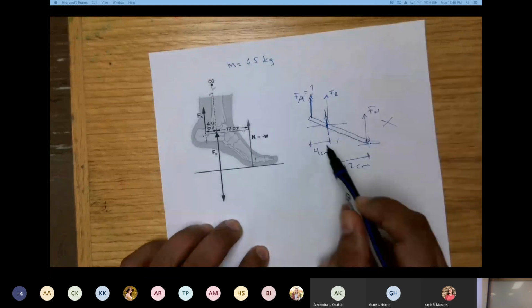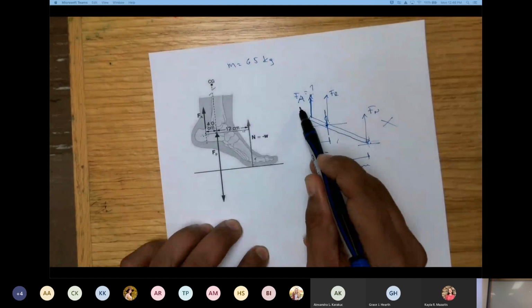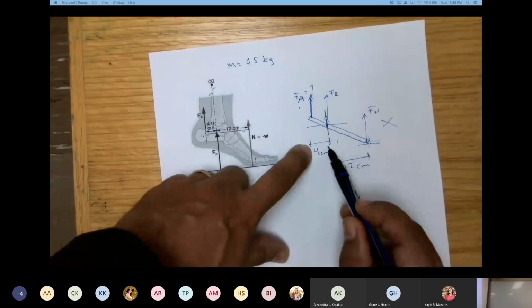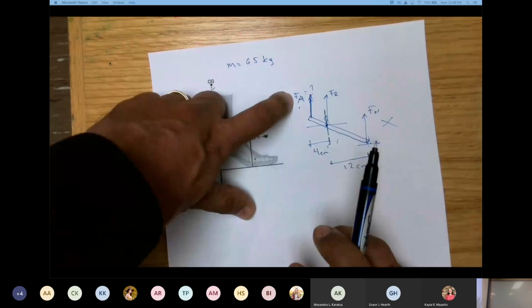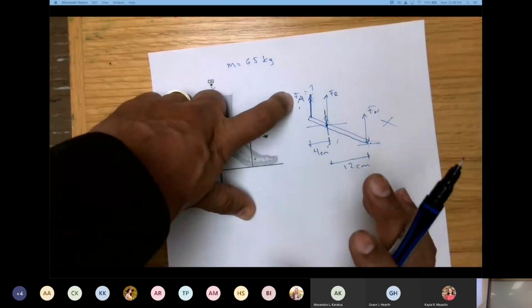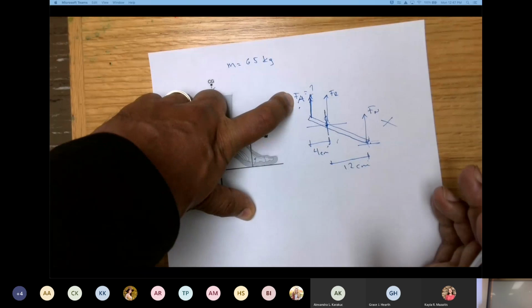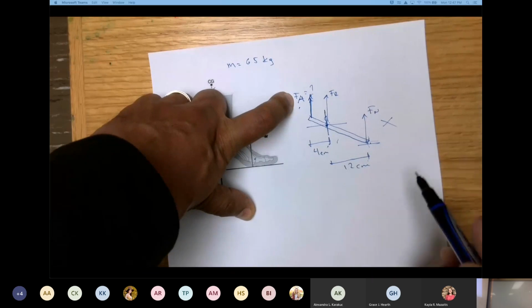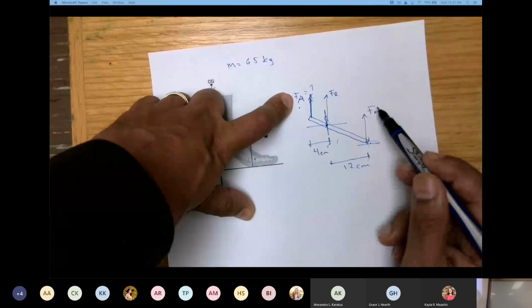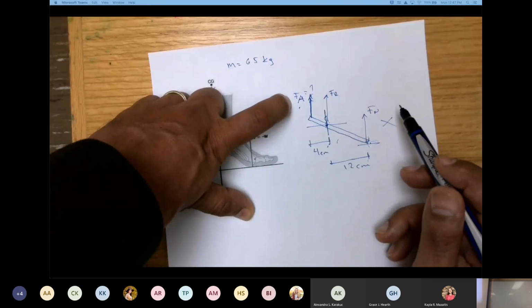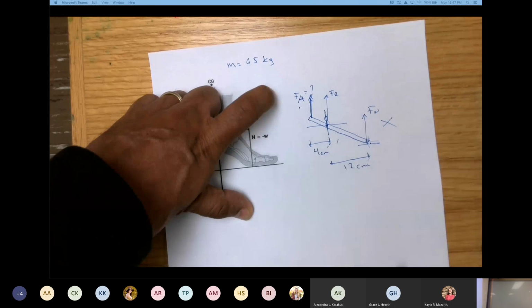So this force on the Achilles tendon, because it has an arm that is 3 times smaller, has to be close to 3 times larger. So we just need to make sure that that appears in the equations. Whatever weight you have, the Achilles tendon is going to carry 3 times that.